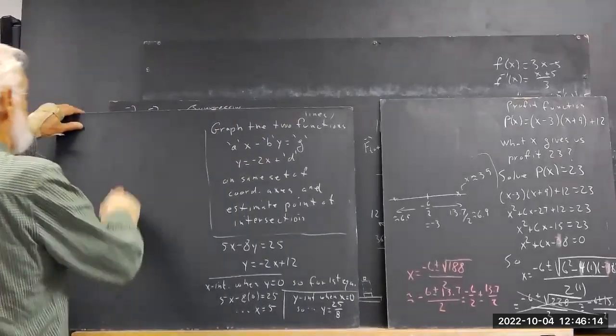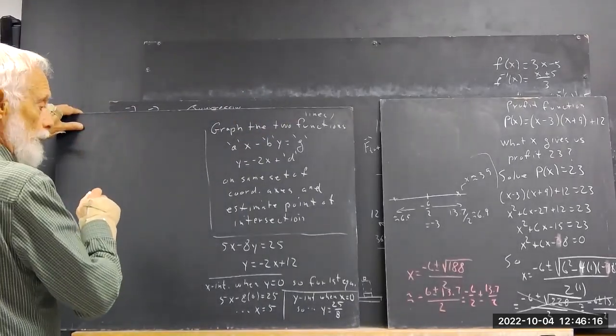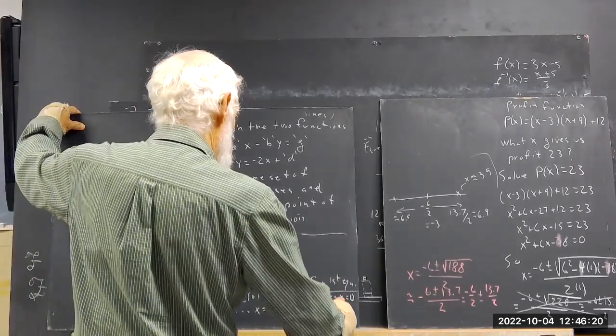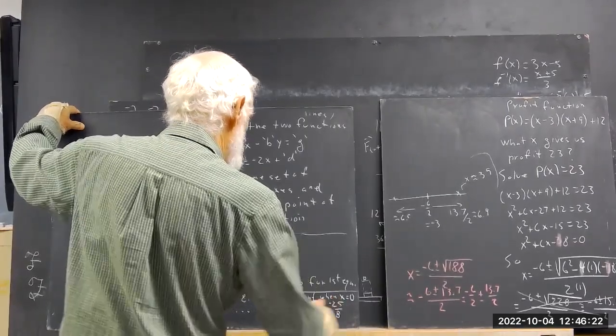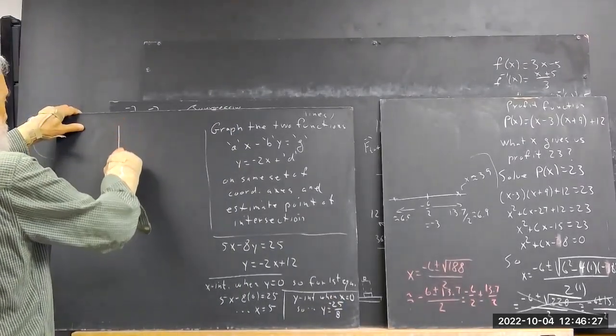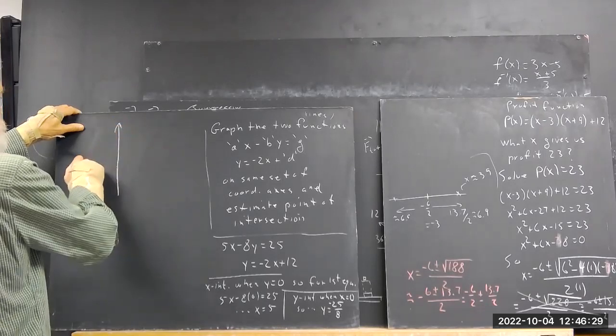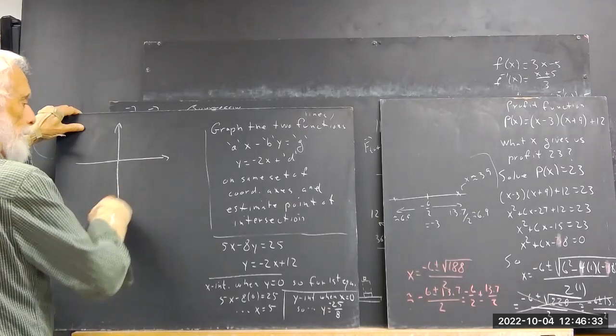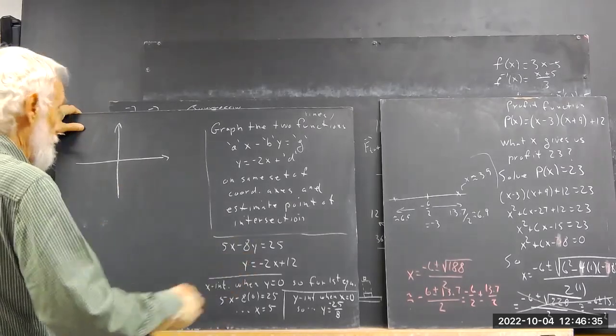So already I've got negative 25 over 8. I've got my first function. Okay, negative 25 over 8 is like negative 3 and an 8th.